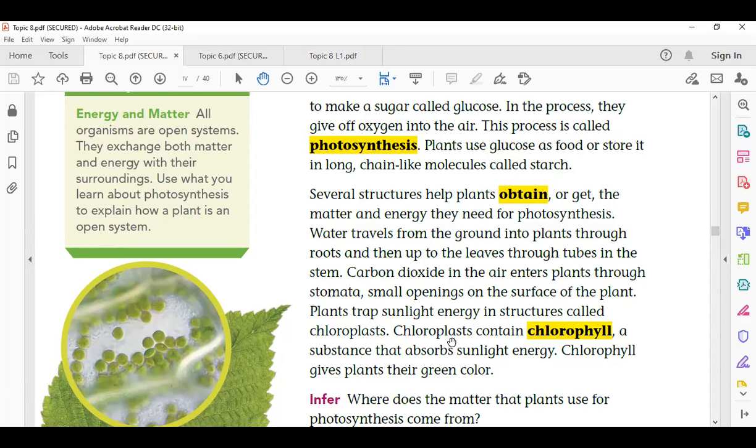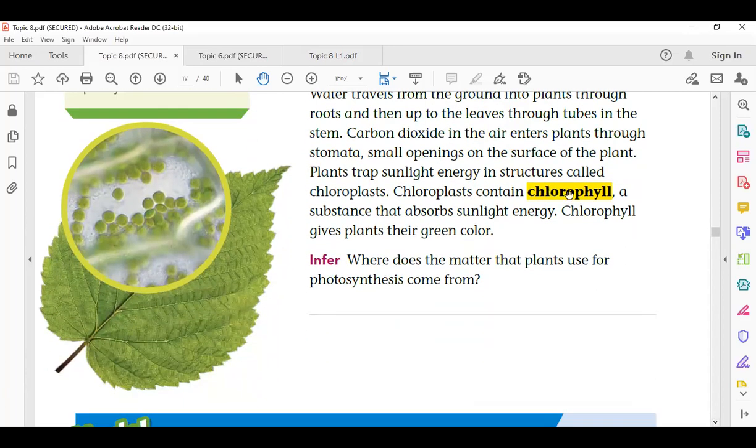Inside the leaves. Chloroplasts contain a pigment called chlorophyll. The chlorophyll is responsible for absorbing sunlight, and the chlorophyll is responsible for giving the plants their color. Why do plants appear green?